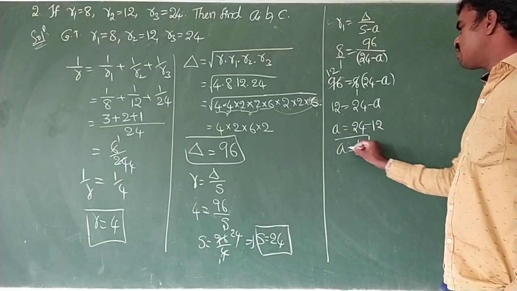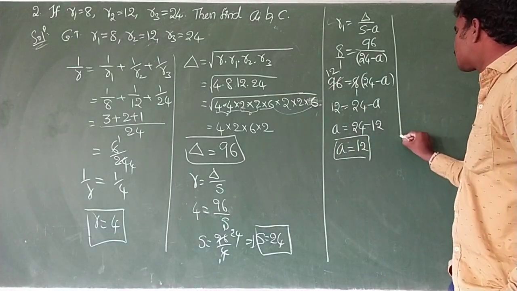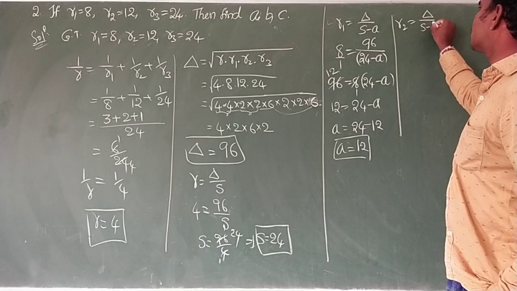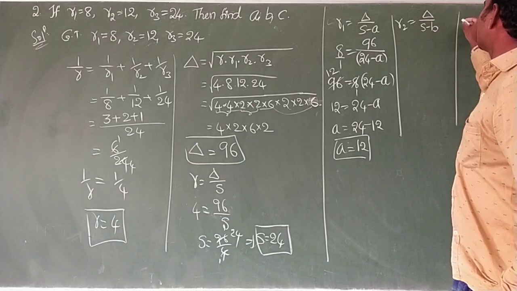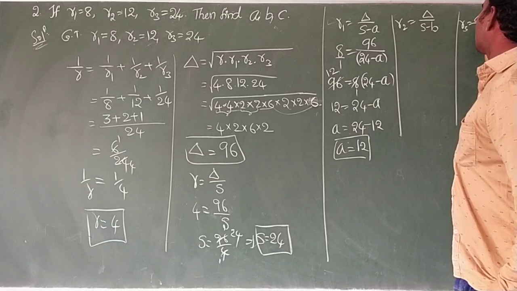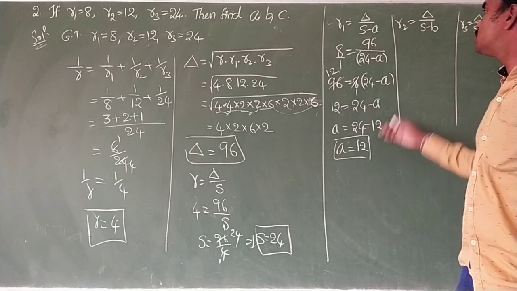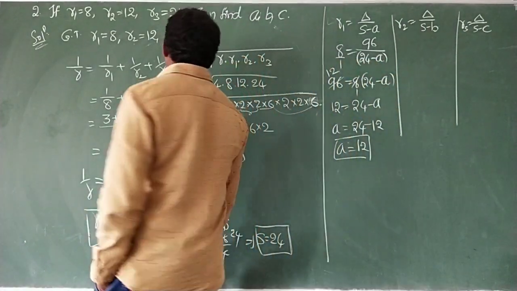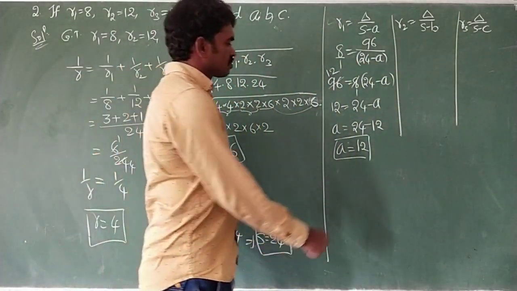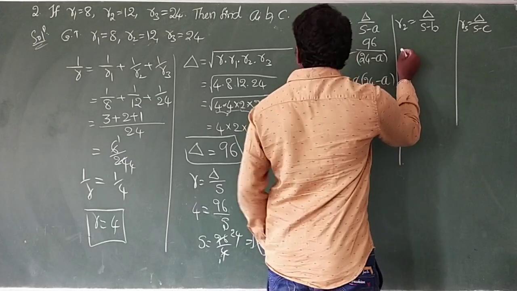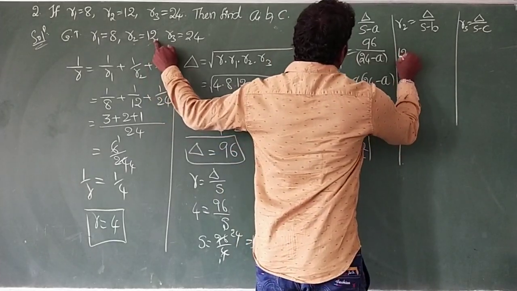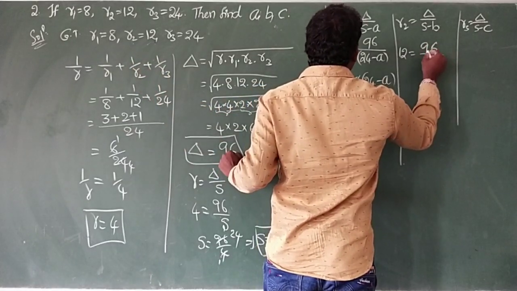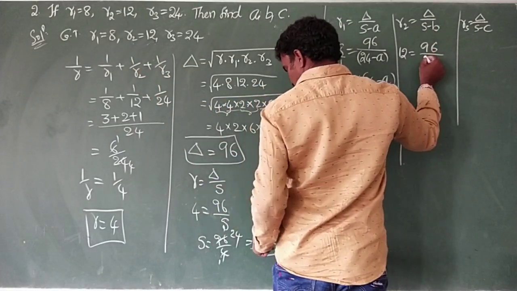We found the A value. Next, second formula using delta: R2 equals delta by S minus B. And similarly, third formula: R3 equals delta by S minus C. So by simplifying these formulas, we can find B and C values. What is the R2 value? 12. So 12 equals delta, what is delta value? 96, 96 by S means 24.